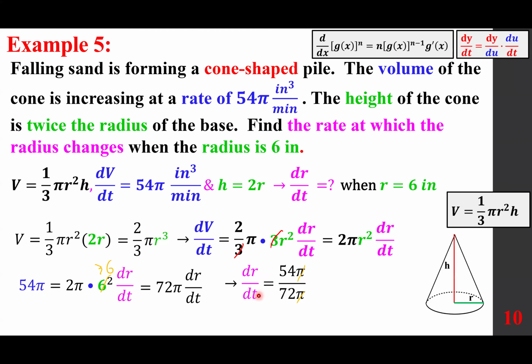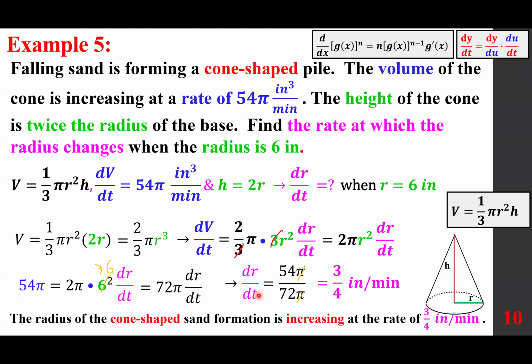So 3/4 of an inch per minute. Therefore, we're going to write the radius of the cone-shaped sand formation is increasing. Why is it increasing? Because it's positive. At what rate? At the rate of 3/4 of an inch per minute.